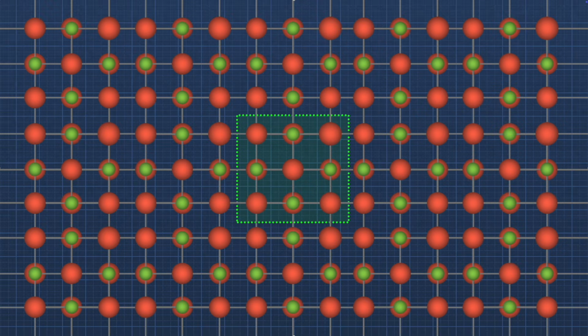We have this building block, which we usually call the unit cell, and this unit cell repeats and repeats and repeats, creating this fabric, this big grid of unit cells.